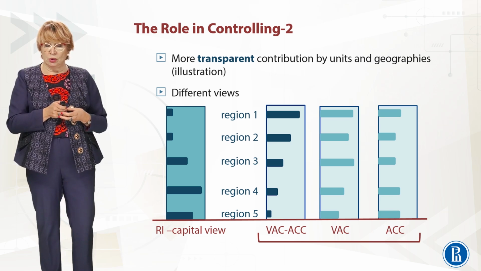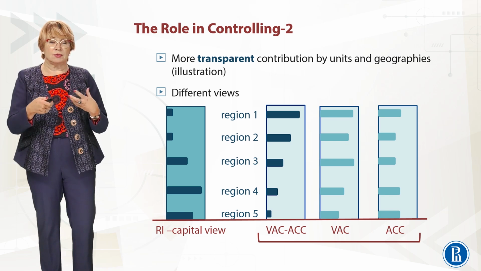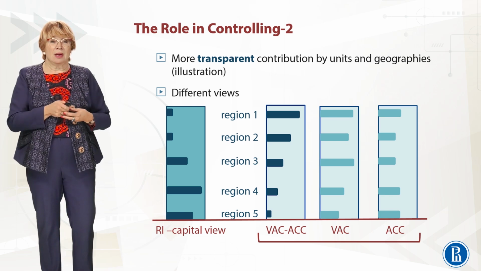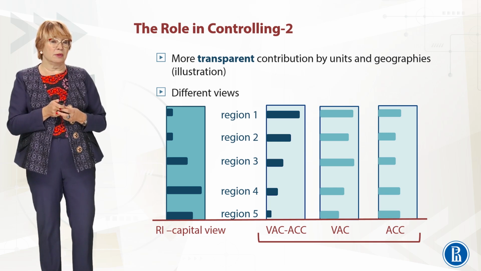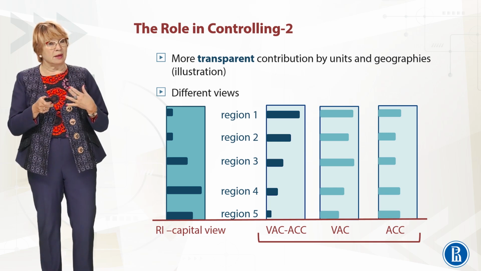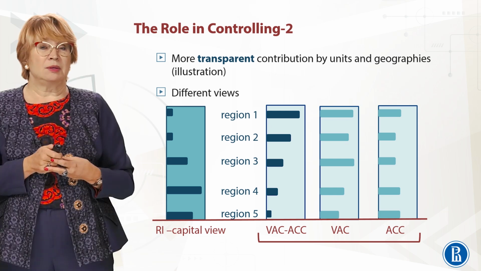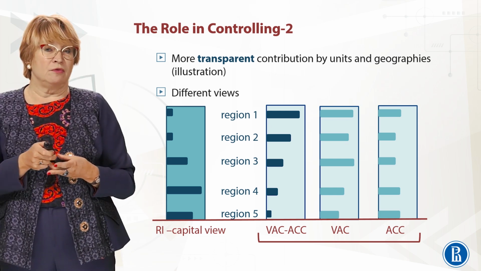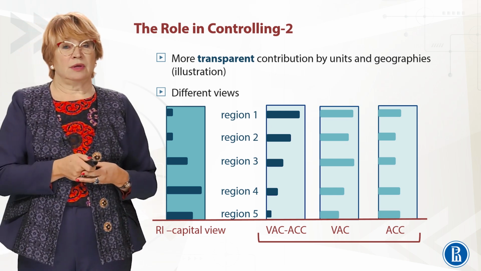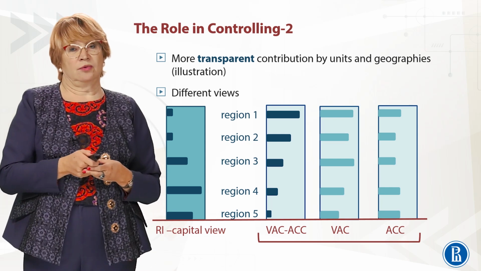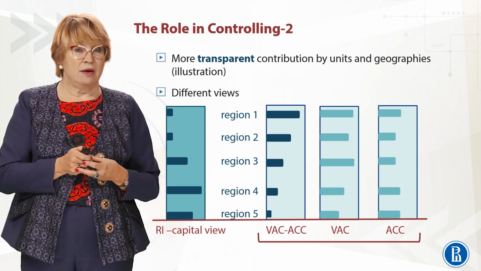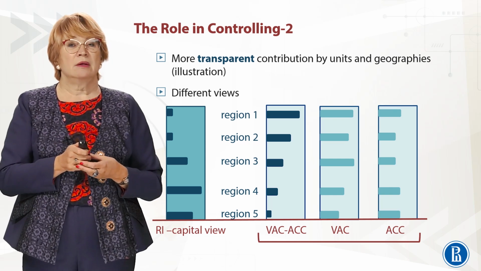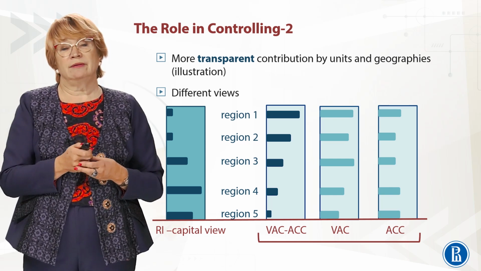But when you look precisely at the profile of that region and imagine this is, let's say, some retail company, when you are really very dependent on the customers, or some other customer-focused business, and when you compare your value added per customer versus average cost per customer, then the picture is totally different.